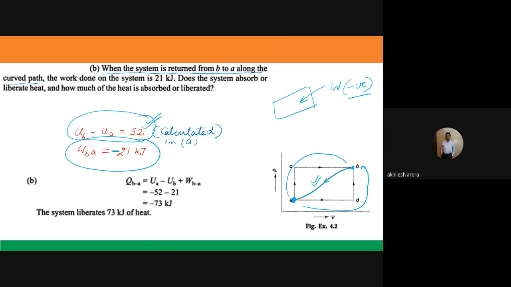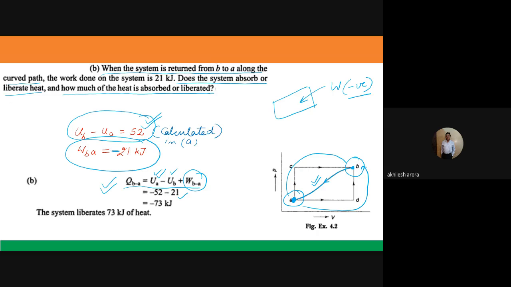Now it is asking whether the system absorbs or liberates heat, and how much heat is absorbed or liberated. So you have to calculate the heat transfer for this process. You can apply the first law equation once again. You know the value of WBA, which is minus 21. Because the process is starting from point B and ending at A, we take UA minus UB.